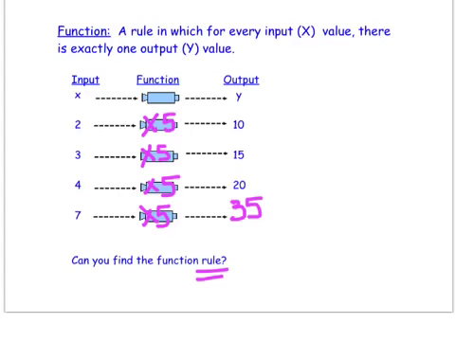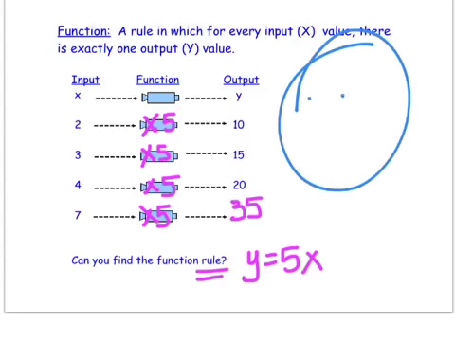You're going to write y is equal, well, we have x. What happens to x? X gets multiplied by 5. So I'm going to write y equals 5x. Whatever my x is, it's getting multiplied by 5, and that gives me my y. Is that cool or what? I think it's pretty darn cool.